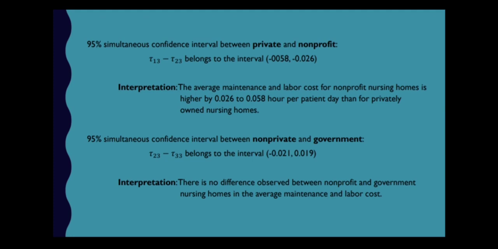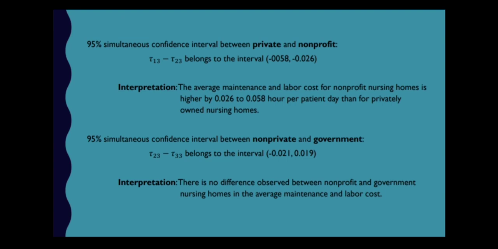Okay, so here is the final answer. You akan dapat negative and negative juga. Means that there is no zero in the interval. So we can say that there is a significant difference between the private and non-profit owner of the housing.